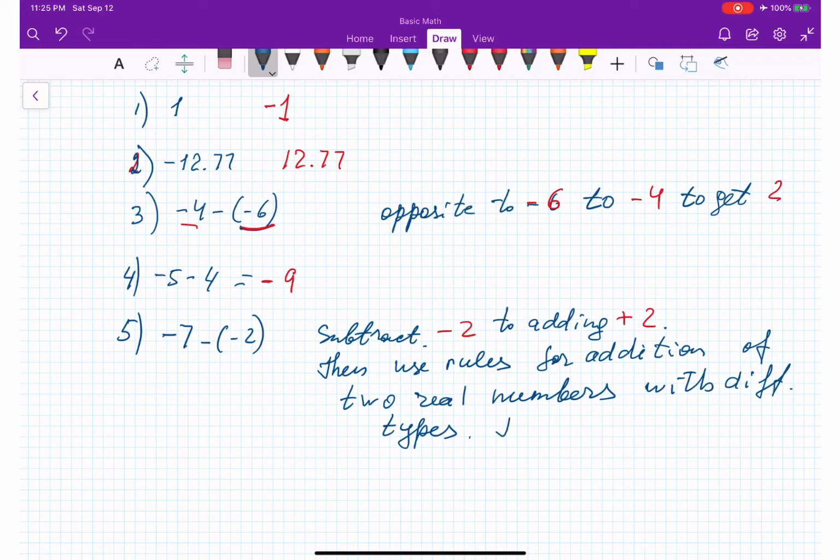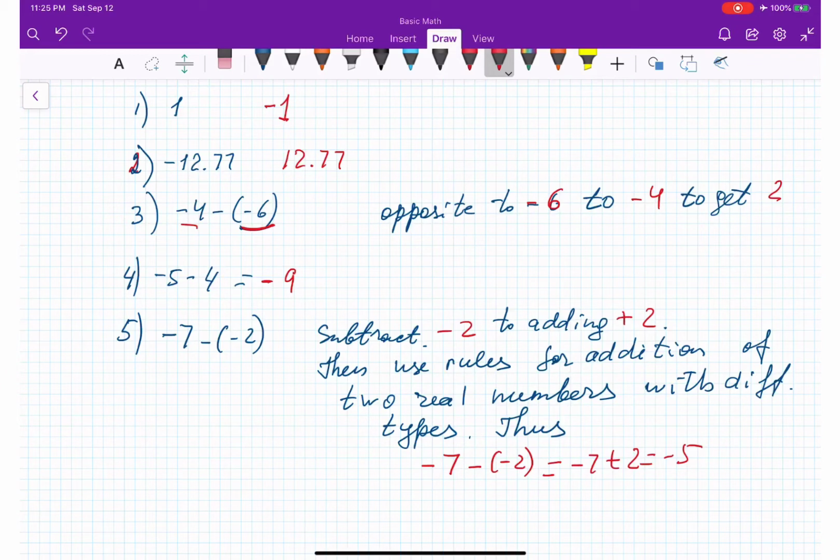Thus, -7 minus -2 is going to be equal to -7 plus 2, equal to -5. Okay, now let me explain. Actually, in the next operation, I will explain in more detail.